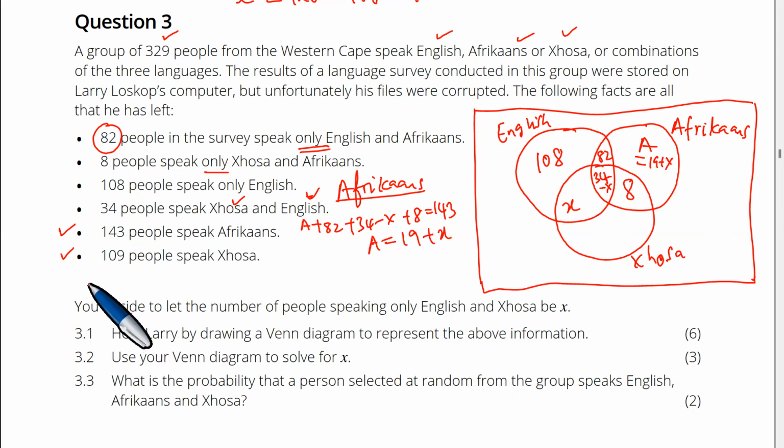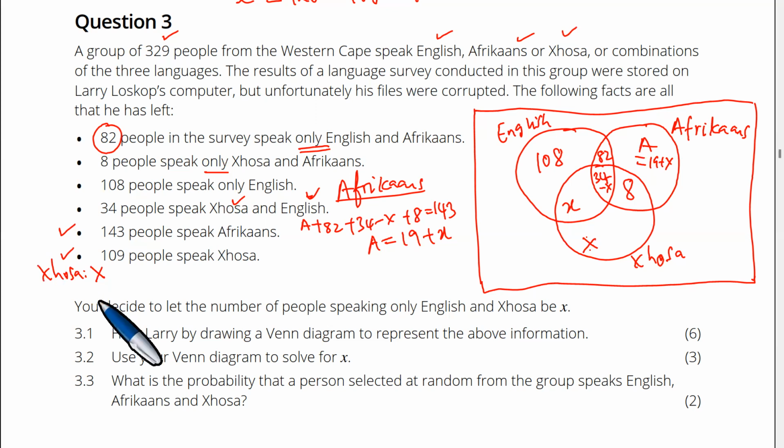Next, we also have the total for the Xhosa. 109 speak Xhosa. You can put a big X here for the Xhosa, just to make it different from the other small x, the lowercase x.